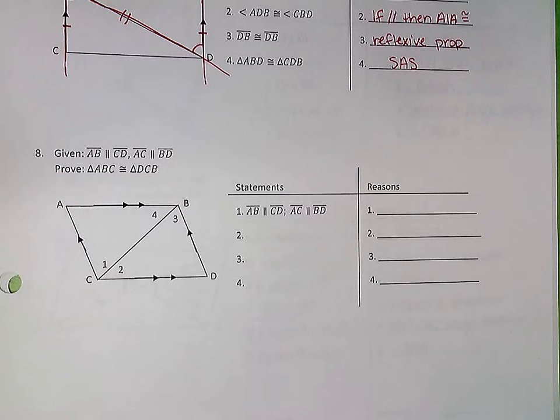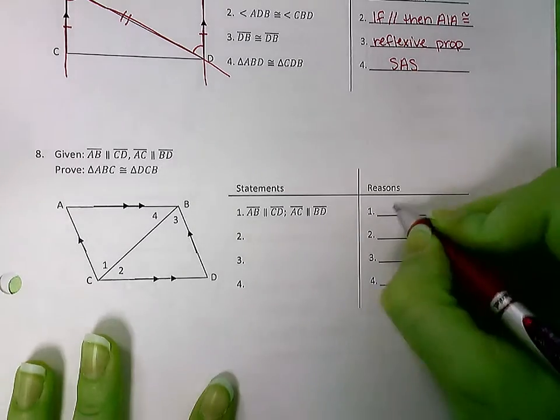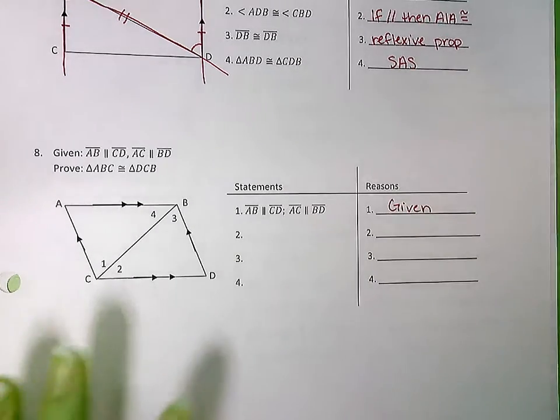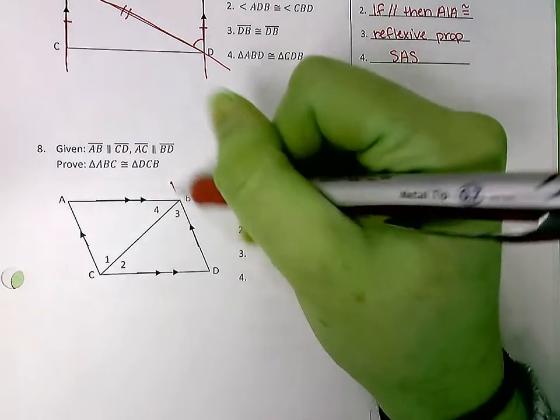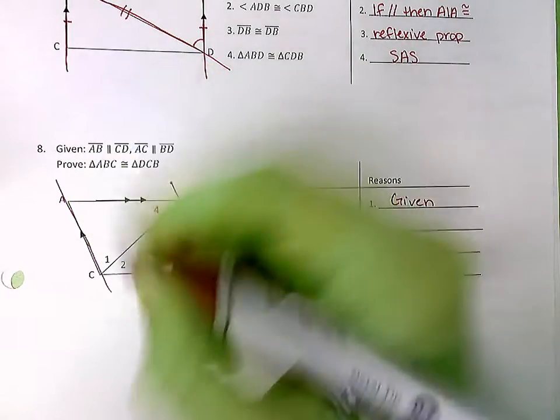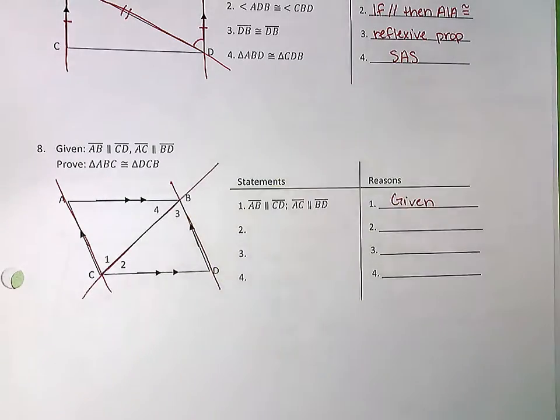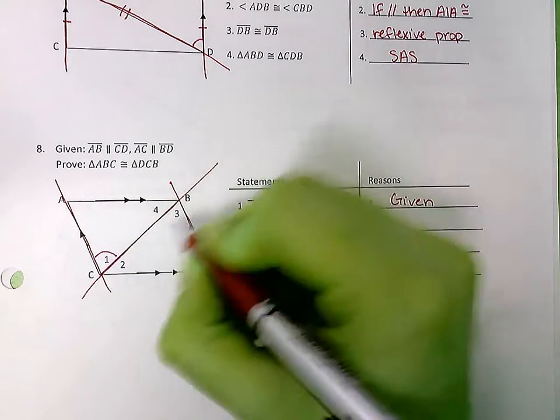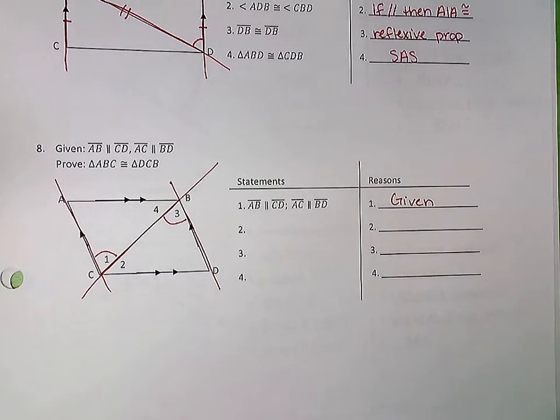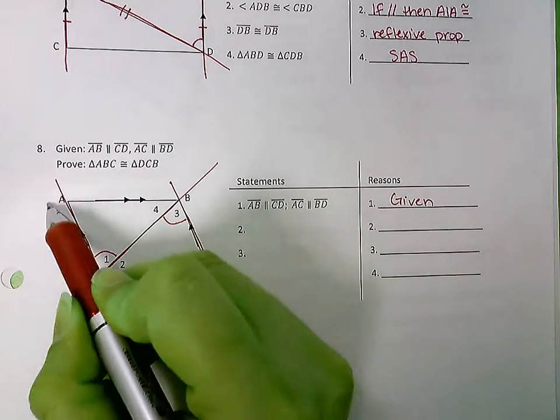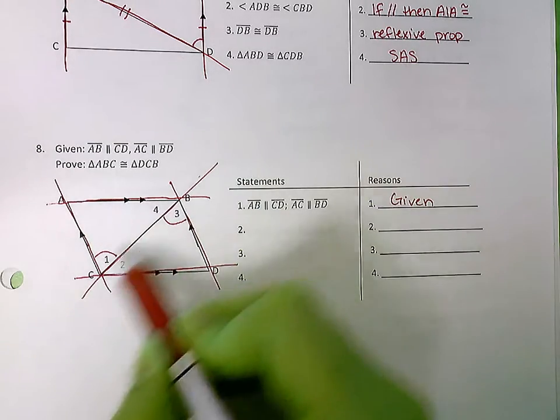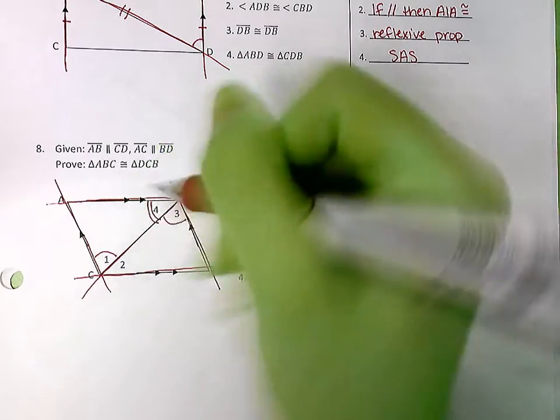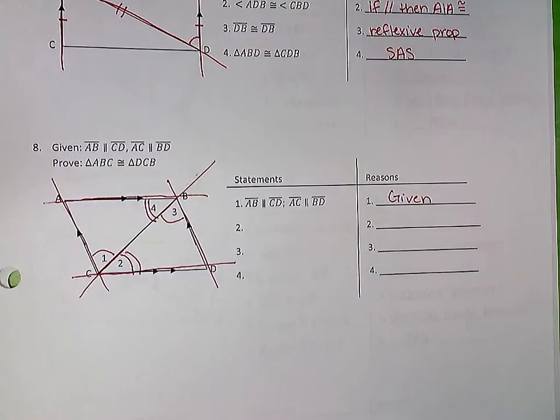All right, I'm going to start going through number 8. So I'm using my given parallel lines. Given these two lines here are parallel, with this as your transversal, I know angle 1 and angle 3 would have to be congruent. And then given AB is parallel to CD, with this as your transversal, 4 and 2 would have to be congruent.